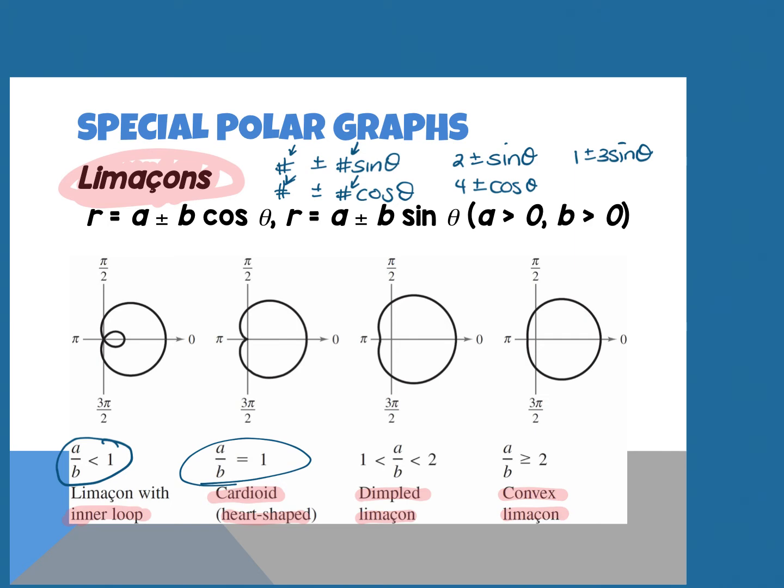So think it's found the perfect match, okay? So it has its heart shape. If it's in between 1 and 2, then it's called a dimpled limaçon, which is kind of like that kidney bean shape. And if A over B is greater than or equal to 2, then it's convex, which means it's just flat on the one side.